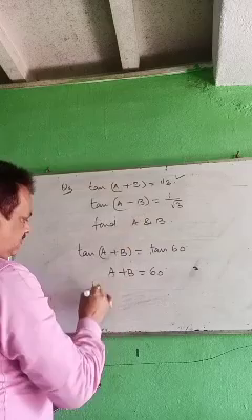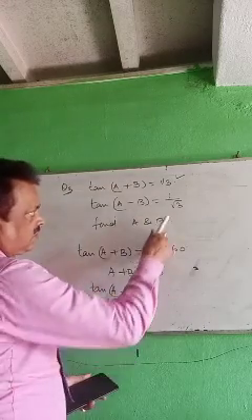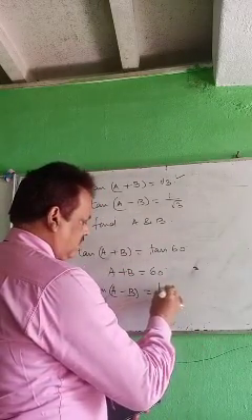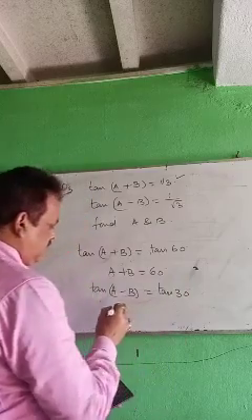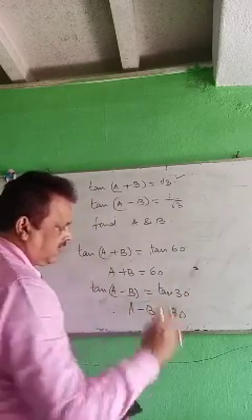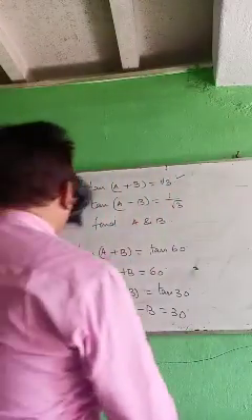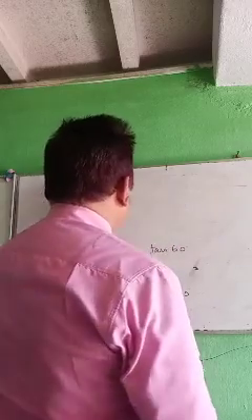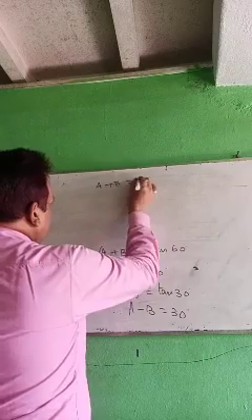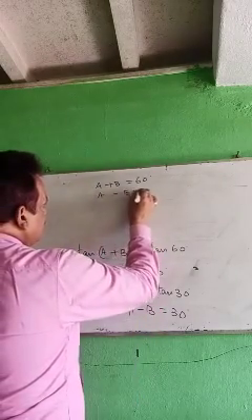Tan(A minus B). Which tan value is 1 by root 3? It is tan 30 degree. Therefore A minus B is equal to 30 degree. So what you will get here: A plus B equals 60, A minus B equals 30.